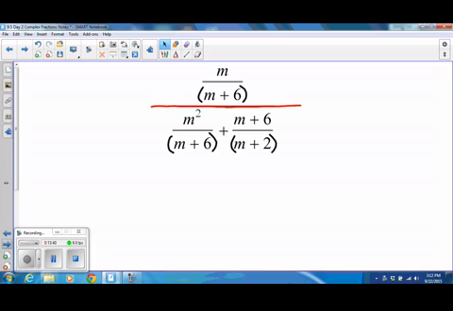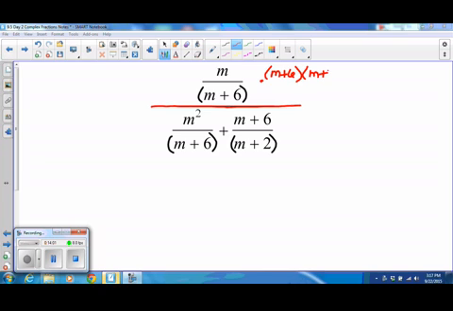What can you force all three of those to be? So I'm going to multiply everything by m plus 6 times m plus 2.